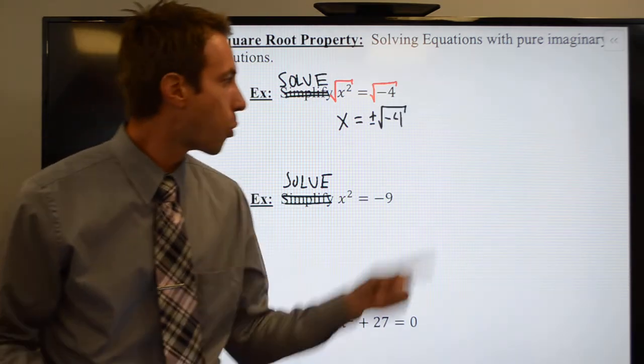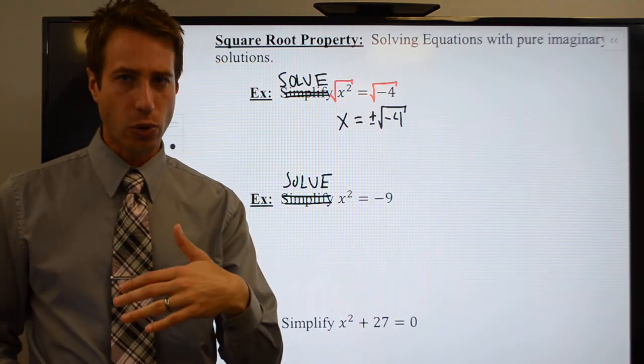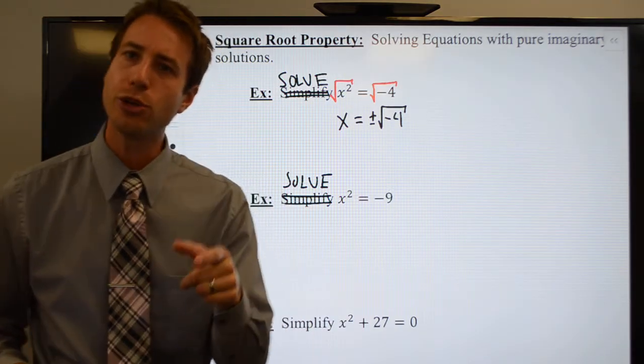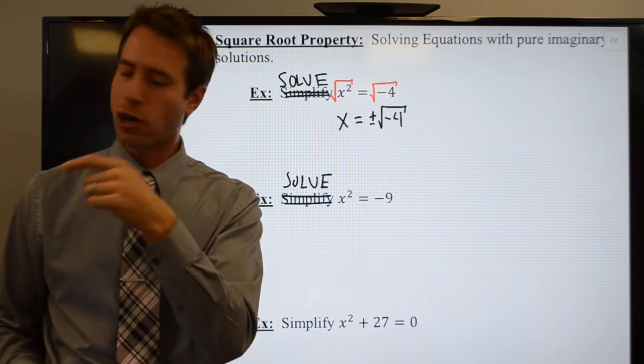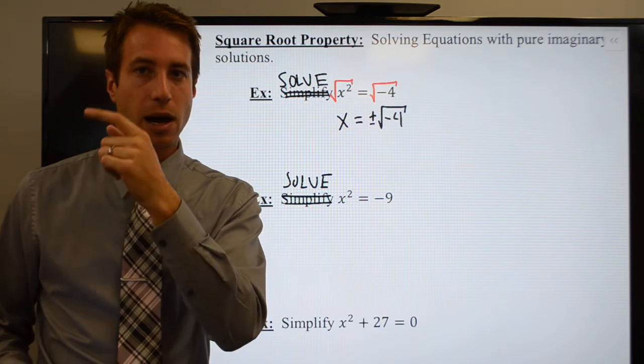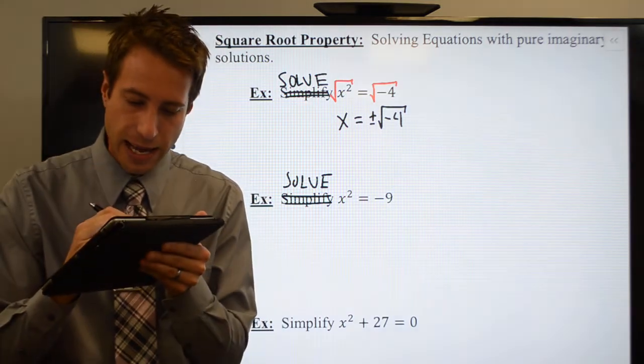Now again, in Algebra 1, we would have just simply said that that was undefined. But here what we're going to do now in Algebra 2 is use our definition and the properties of exponents, the properties of radicals that we saw on the first page of the notes, to split this guy up.